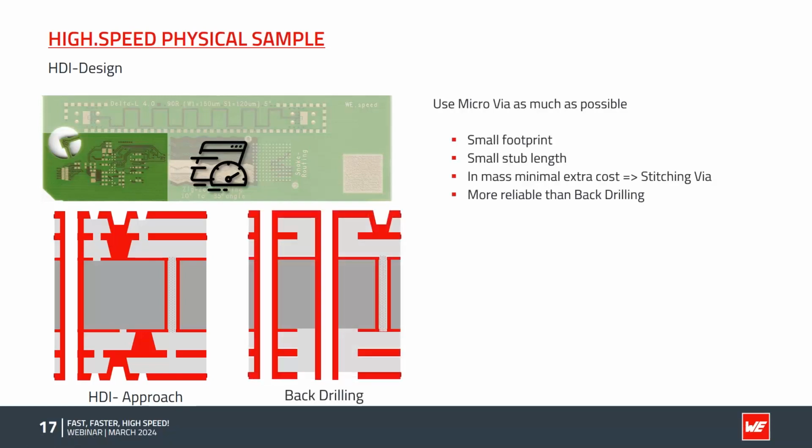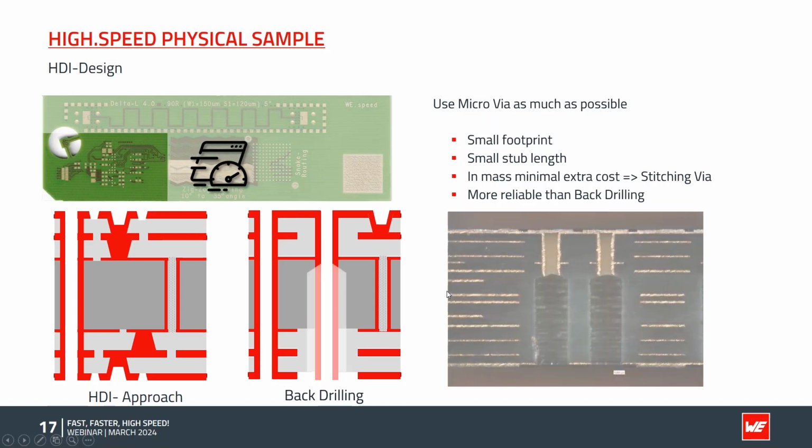And often there is a task that you want to have a signal from a top layer, for example, to layer 3, and you don't want to have this so-called stub in this area. This is on one hand an antenna for external signals or for crosstalk, so that other signals are fed into this network and destroy the clear signal, or you have reflections of your signal through this board.